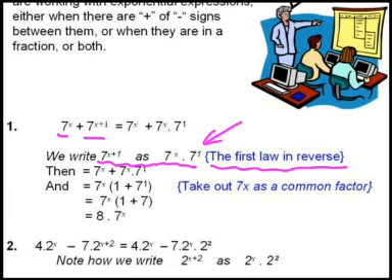You add the exponents according to the first law if you multiply the same bases. Now we take that expression and write it in reverse. So it becomes 7 to the power of x plus 7 to the power of x times 7 to the power of 1, and then we take out 7 to the power of x as a common factor, which leaves us with 1 plus 7, which is 8. So the whole expression just becomes 8 times 7 to the power of x.